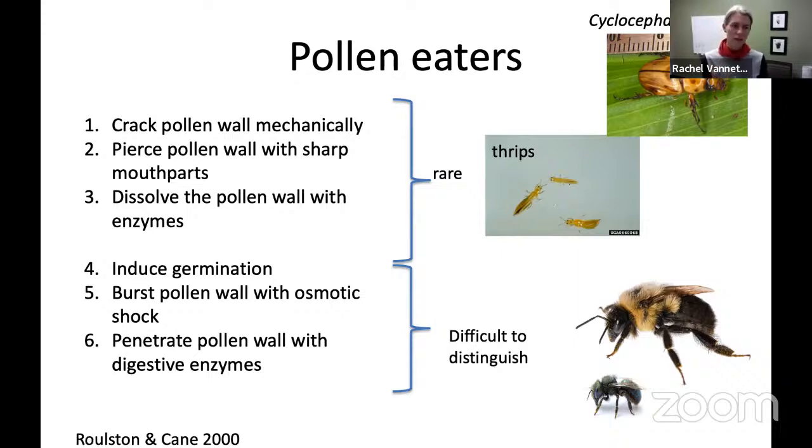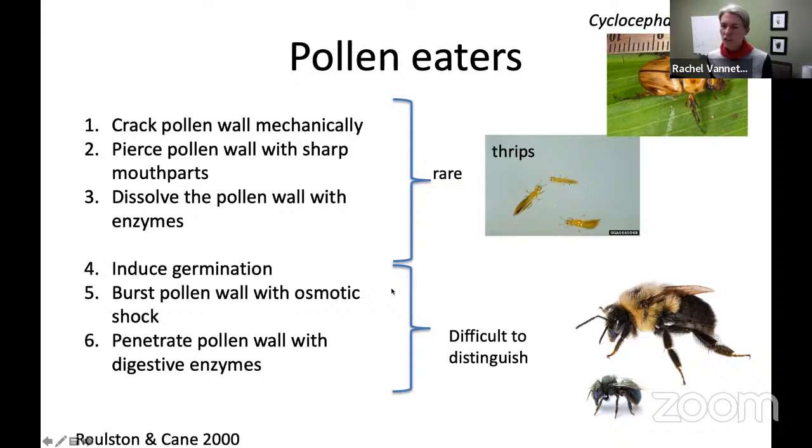Some organisms crack the pollen wall mechanically, some pierce it with their sharp mouth parts like thrips. Some are known to dissolve pollen walls with enzymes. These first three are quite rare though, and really only described in things like Calymbula or thrips. But much more commonly, it's thought that bees and other organisms may induce a pseudo-germination to happen in the gut, or burst the pollen wall with an osmotic shock.